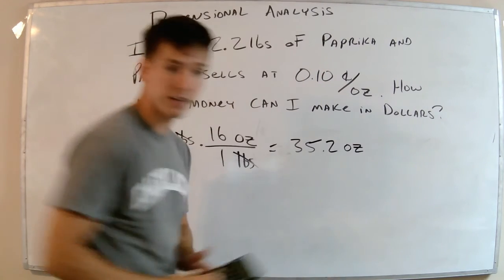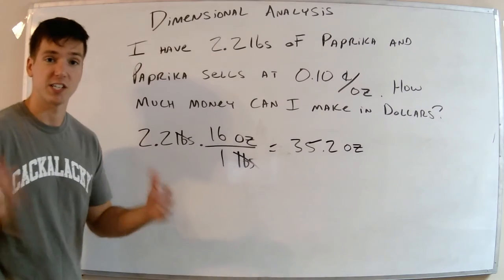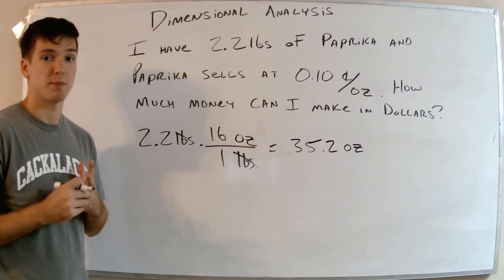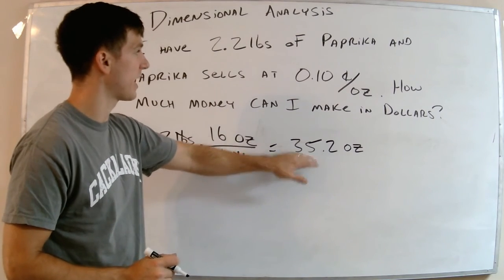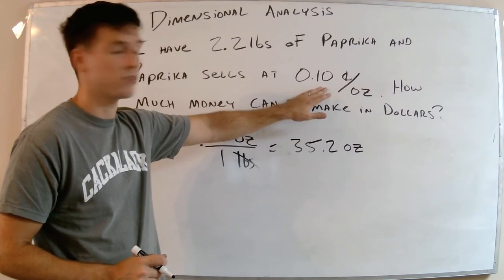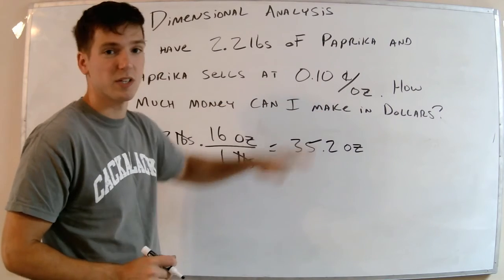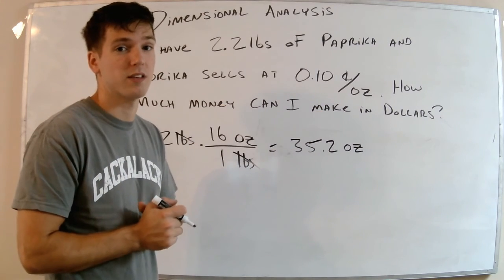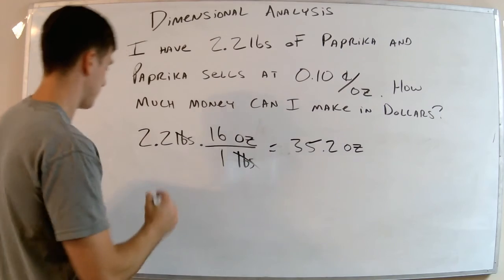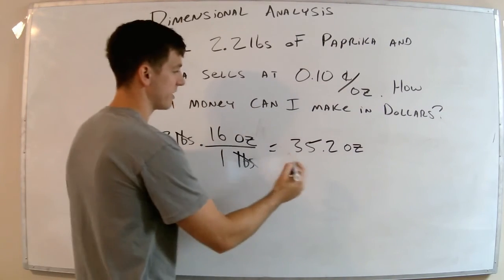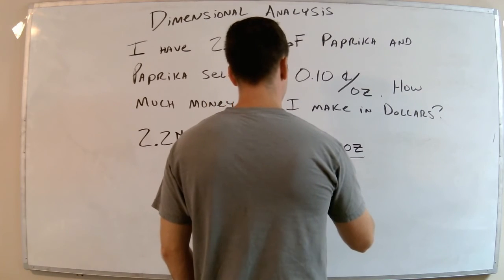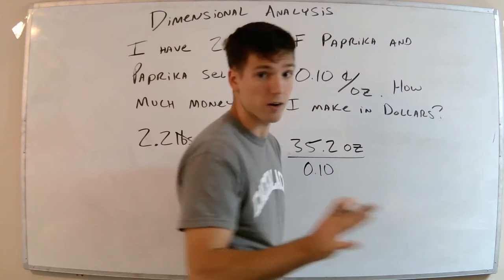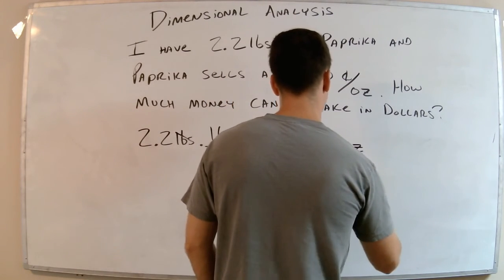Now here's where I want you to get good at using unit manipulation. I know how many ounces I have, and I know how many cents I can get per ounce. How can I manipulate these units to just end up with cents? You might be thinking, I could take 35.2 ounces divided by 10 cents per ounce. This is wrong, by the way, and let me show you why.